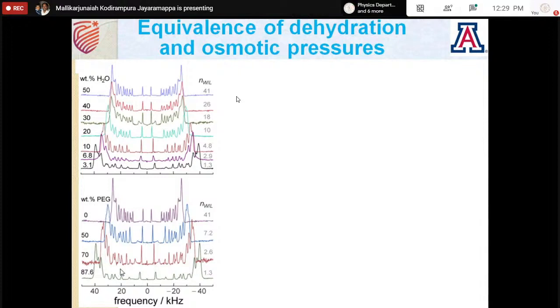Then this polyethylene glycol starts applying osmotic pressure to the given membrane system. Basically, this osmolyte is trying to take out water present within the lipid water mixture. That is one way of applying osmotic pressure to the system.